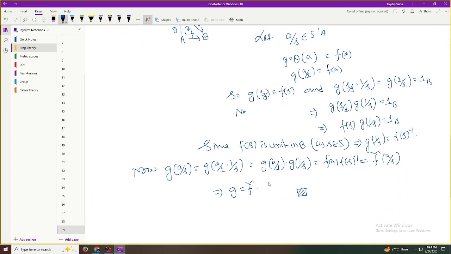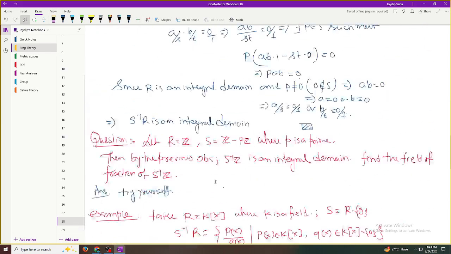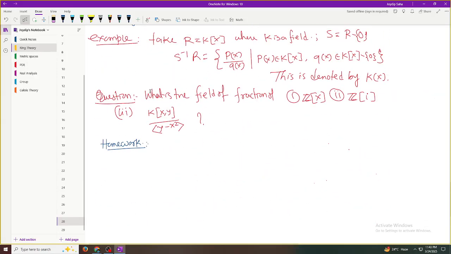Using the universal property, you can prove things. You can check this. I am asking here what is the field of fraction of Z[x], Z[i], K[x,y]. Then you are guessing something. Suppose for Z[x], you are guessing that it is Q(x).